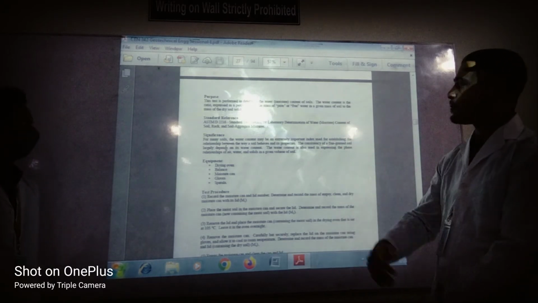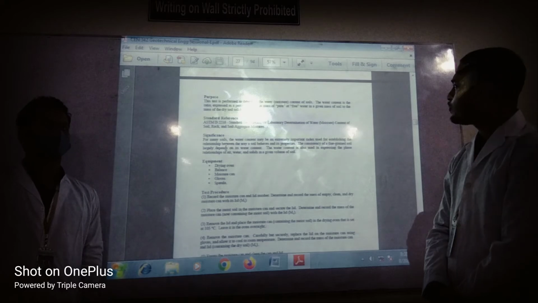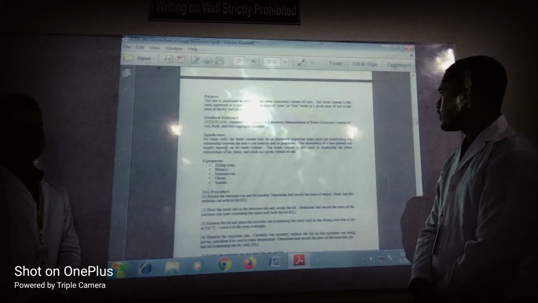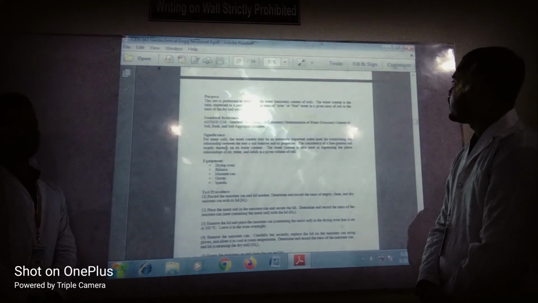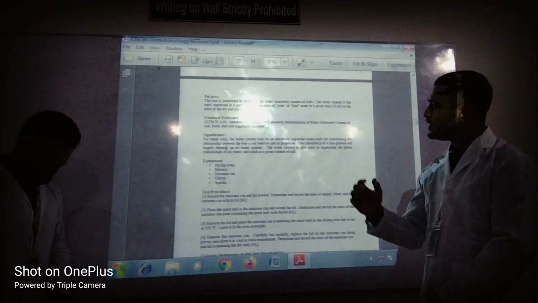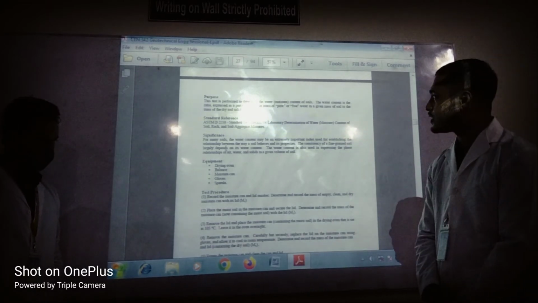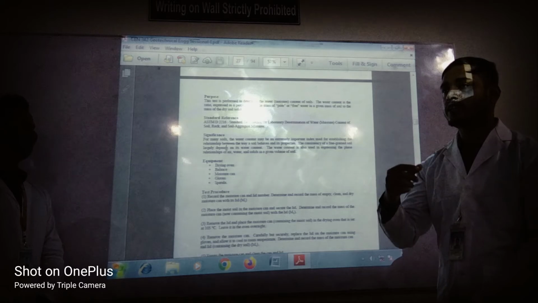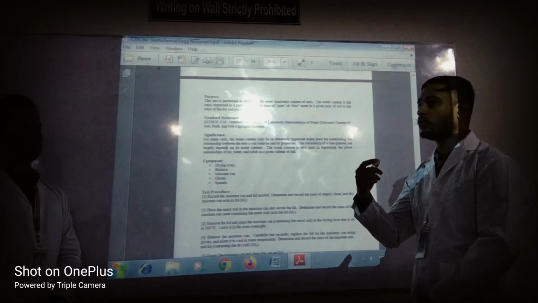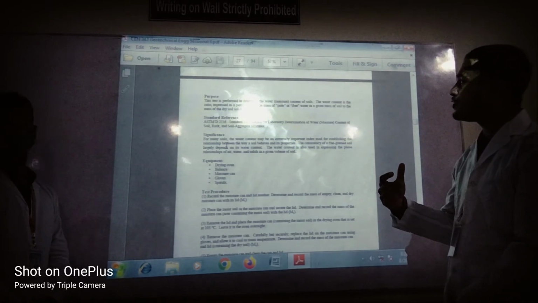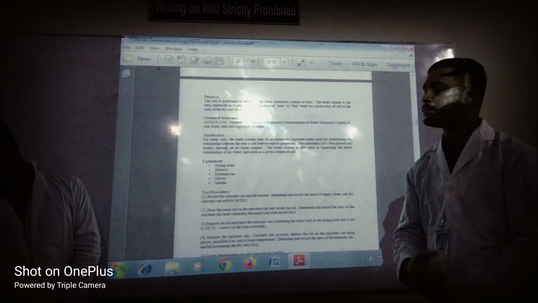First topic is purpose. This test is performed to determine the water content of soils. By this experiment, we find how much free water the sample has and how much dry soil we have.